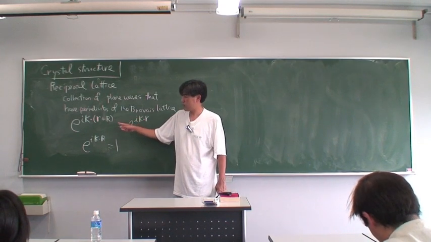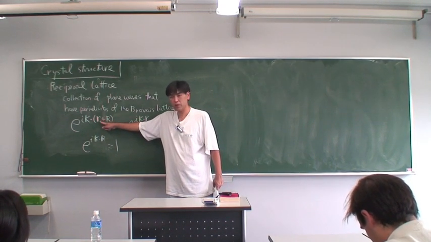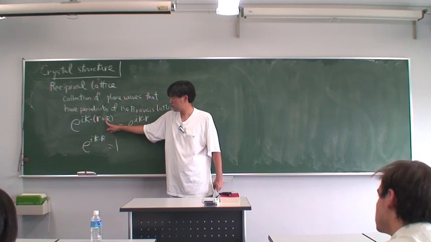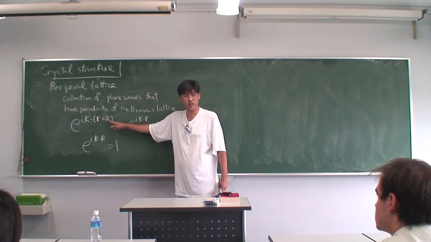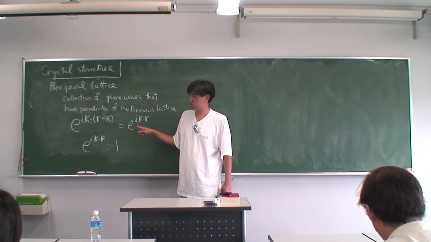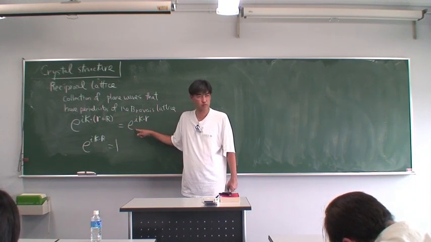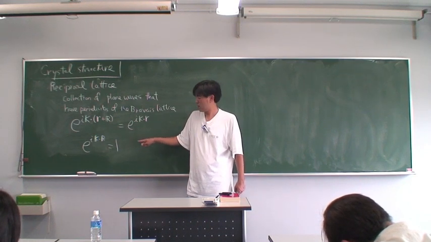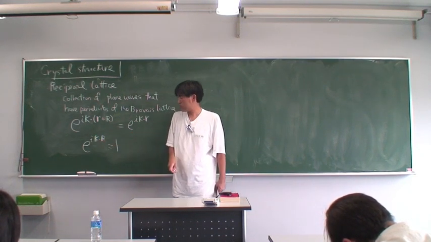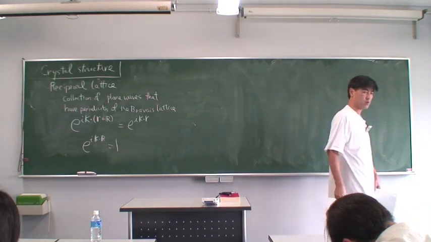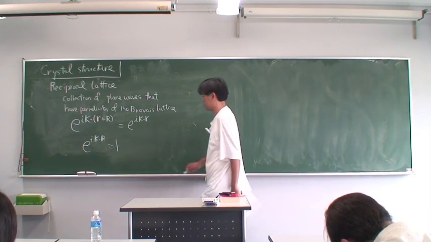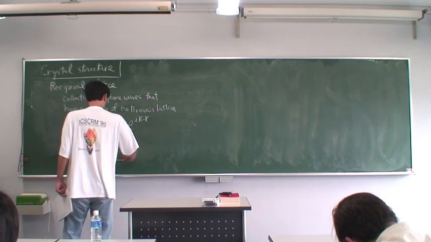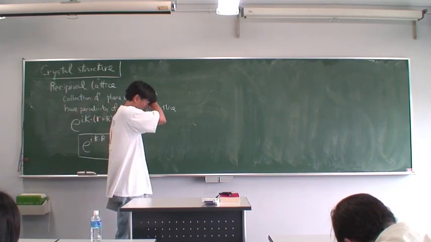What I'm saying is that any arbitrary vector plus a translational vector is the same as if it's not really translated. So to fulfill this condition, you have to have exponential iK·R equals 1. Okay, that's the condition, and this is the definition of the reciprocal lattice.